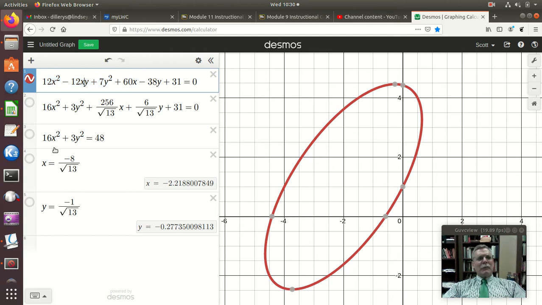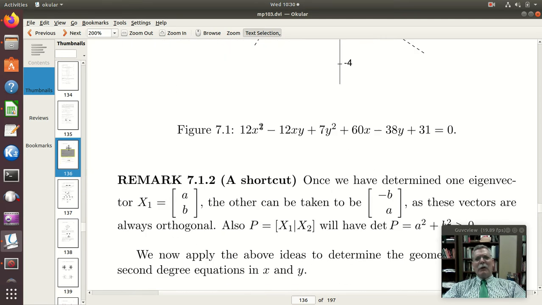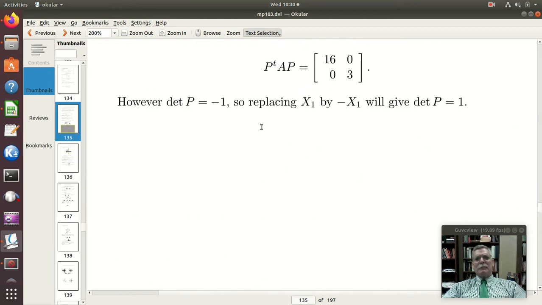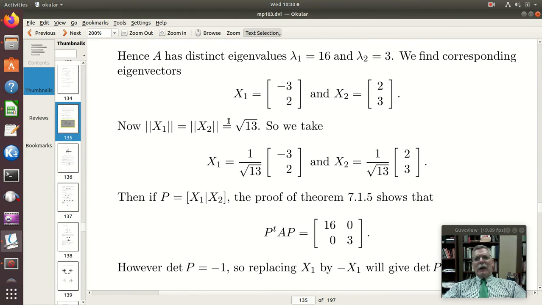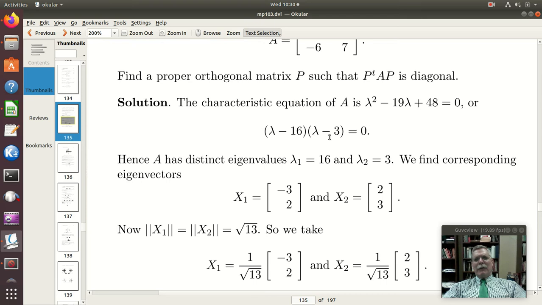And so what they're doing to understand the ellipse better is they are taking this part of the quadratic form here, and remember, back here they had that form, and so there's the matrix for that quadratic form. Found the eigenvalues of 16 and 3.